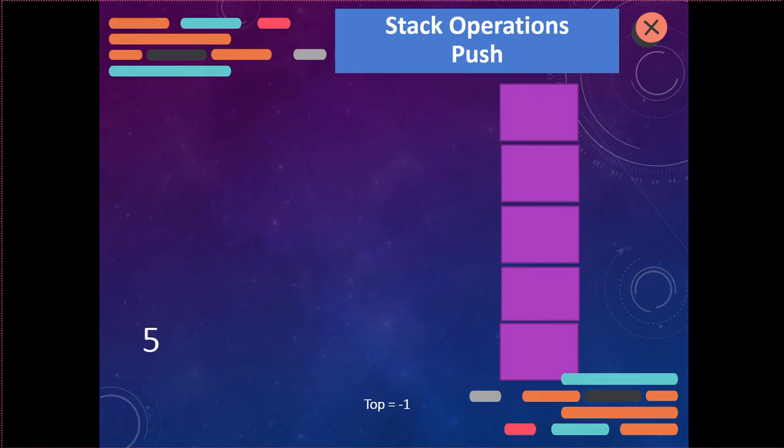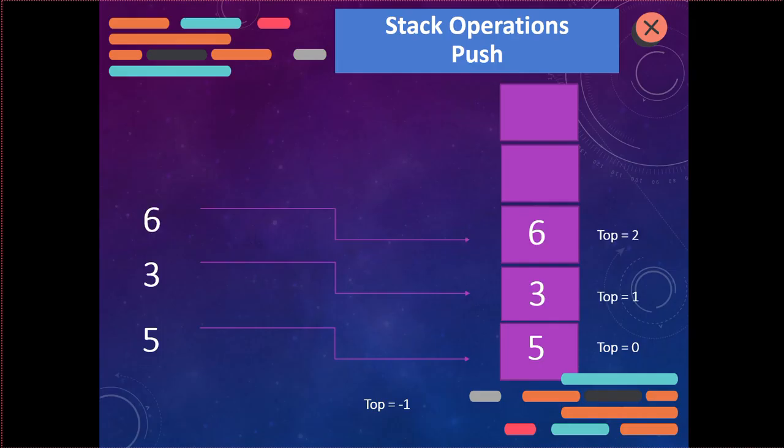Then we come up with a value of 5 and it would be added to the array. Top would be updated to 0. Then we would push another value, which is 3. 3 would be pushed and top would be updated to 1. Similarly, 6, top would be updated to 2; 4, top would be updated to 3; and then we would push at last 2, and top would be updated to 4, right?